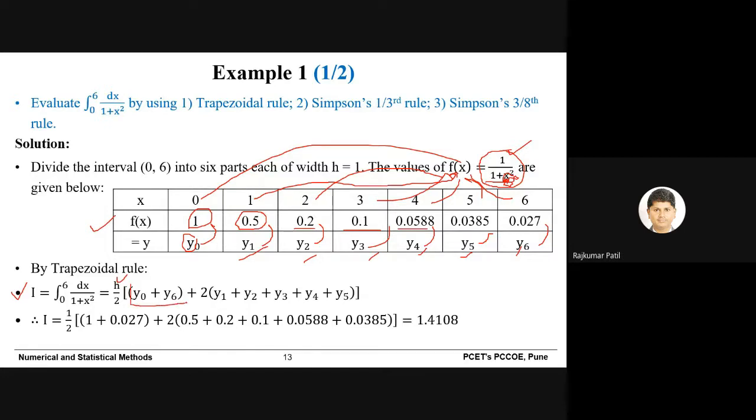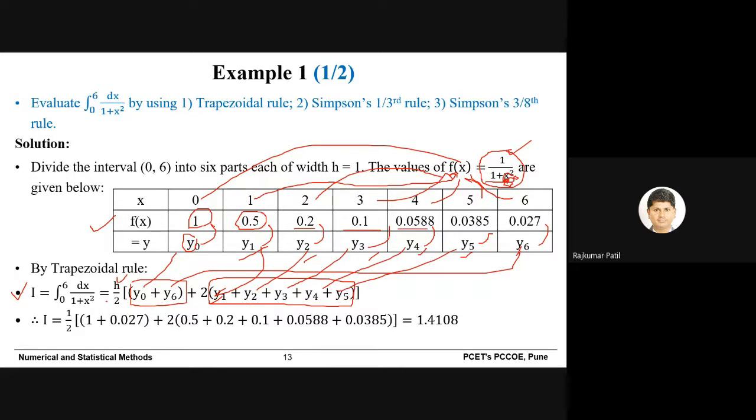In that there will be two sub brackets. The first sub bracket will consist of the starting value and end value, plus 2 into the sum of all the remaining values of y: y1, y2, y3, y4 and y5.